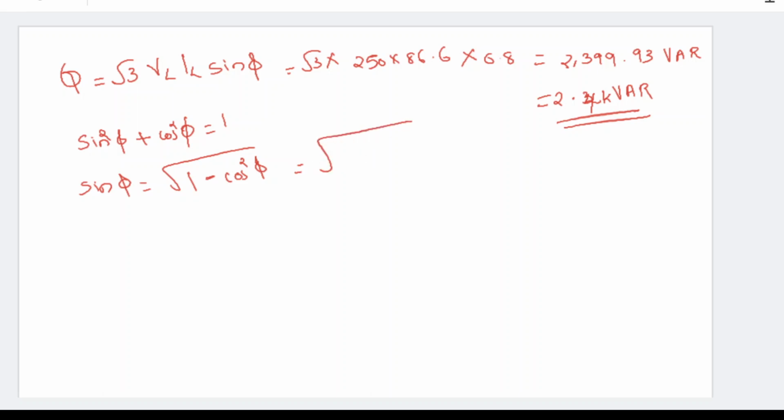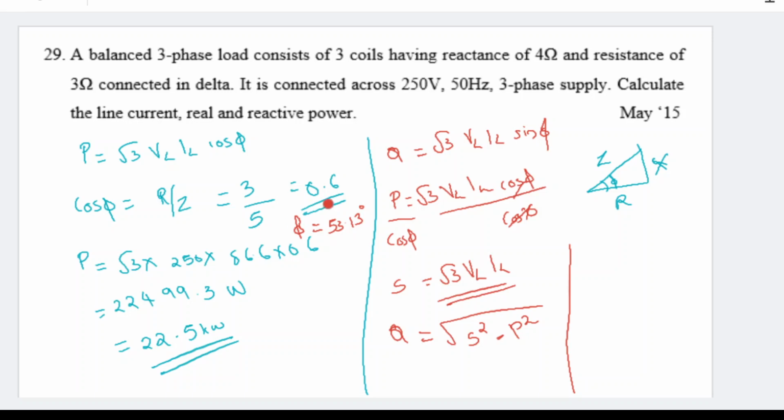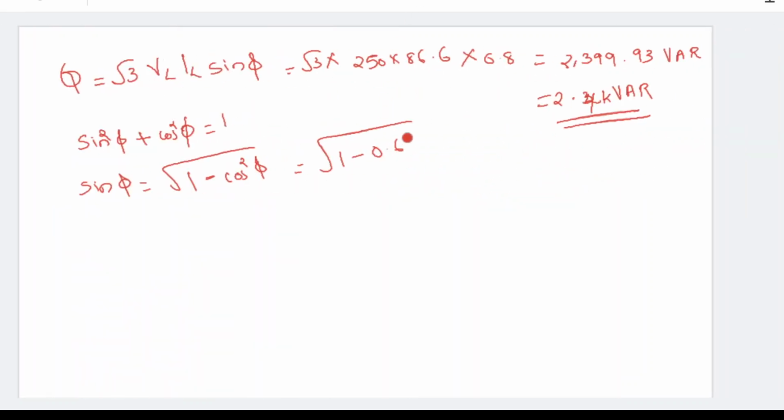That is equal to root of 1 minus 0.6 square. What was the value of cos phi? 0.6. So 1 minus 0.6 square, and the root of the answer will give you 0.8. So then also you will get 0.8. This is another method.